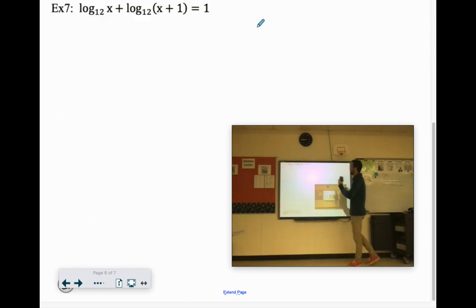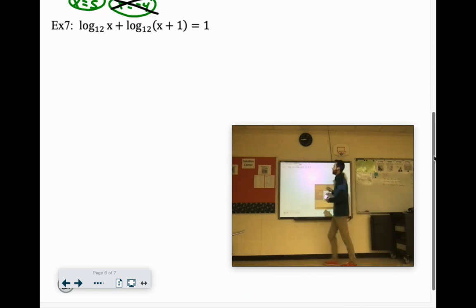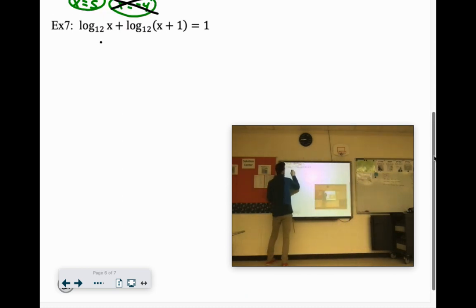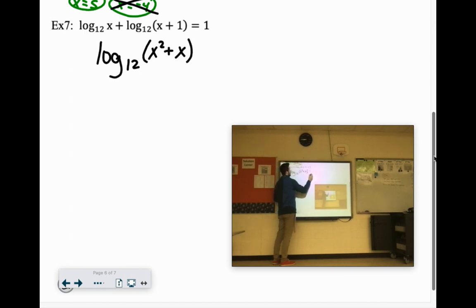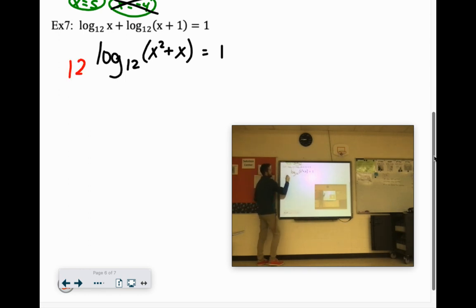All right, so here again we have same base, so we're going to multiply them together. Log sub 12 of x times x plus 1. All right, let's go ahead and multiply it. So it would be x squared plus 1x. We'll give them both a base of 12, which will cancel out this.